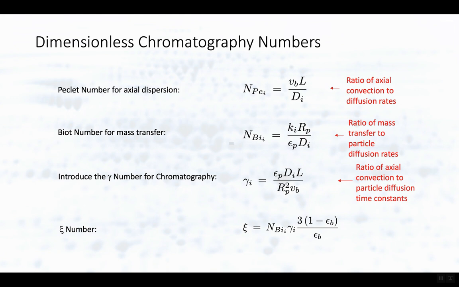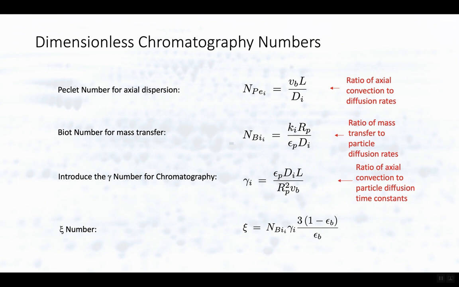It's the ratio of how much is convecting down the column with the mobile phase, how much advective flow are we getting, versus how rapidly it's diffusing in and out of the particles.